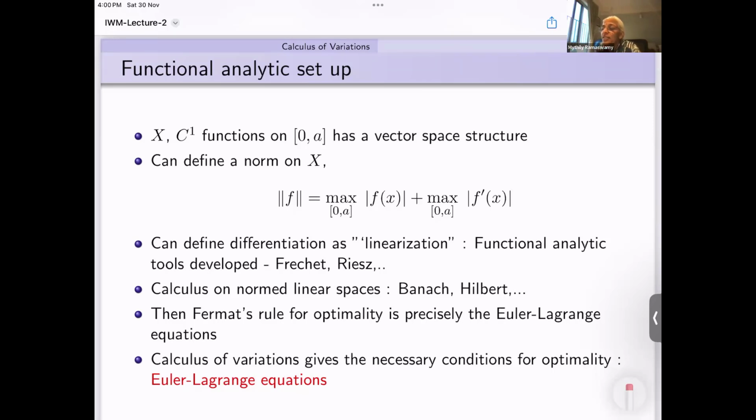Then I can even define differentiation as linearization. That is where Fréchet defined, some people call it the Fréchet derivative. That is how he arrived at the definition.